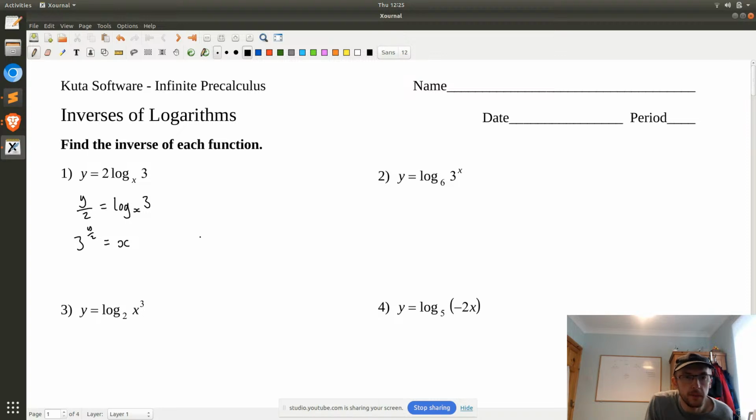And then finally swap the variables. And then check to see if it works.